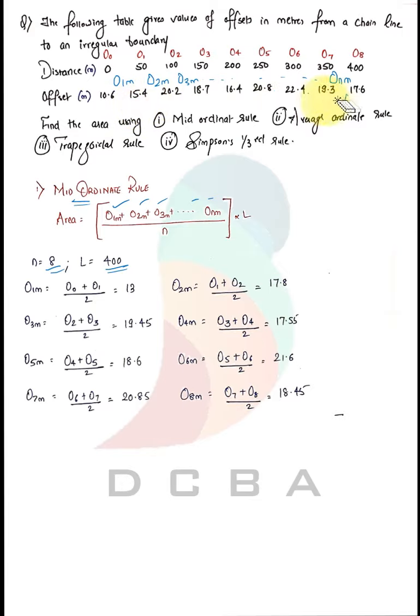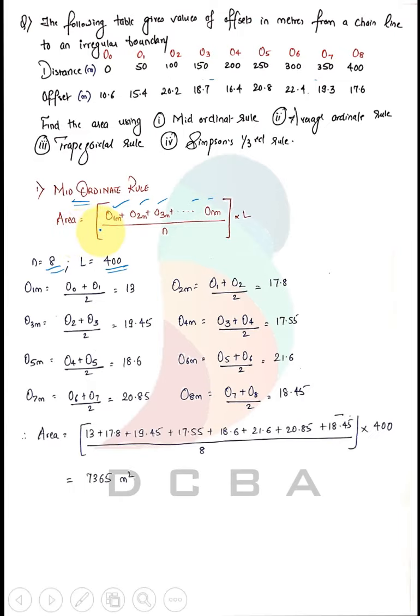Like that we need to find till O8M, ONM means O8M, and you get these values. You can just pause the video and calculate them yourself. After that, it's just mere substitution in this formula, and you get the area to be 7365 meters square. So this was with the mid-ordinate rule.